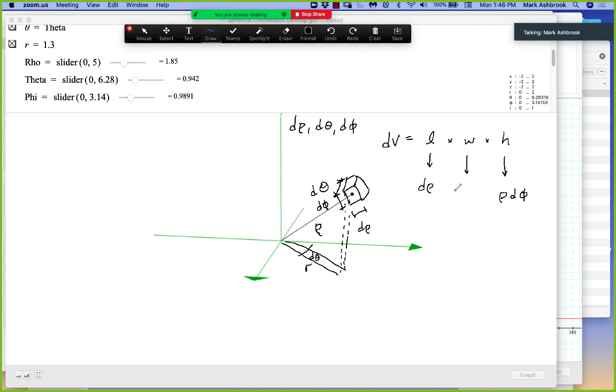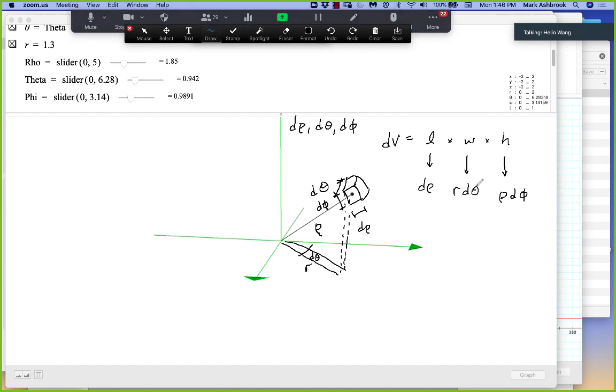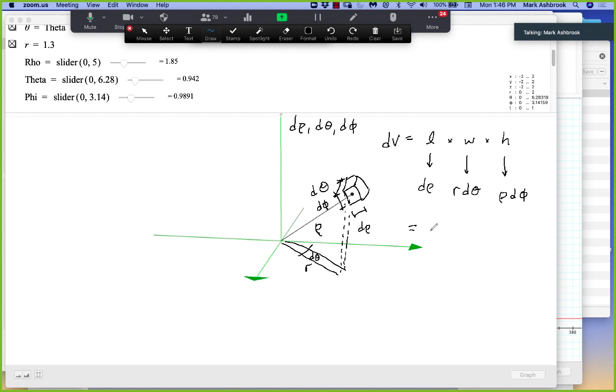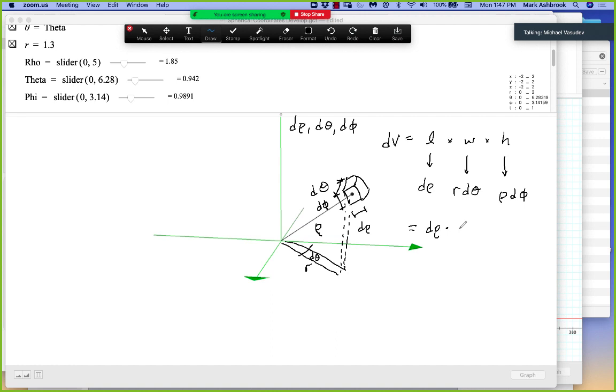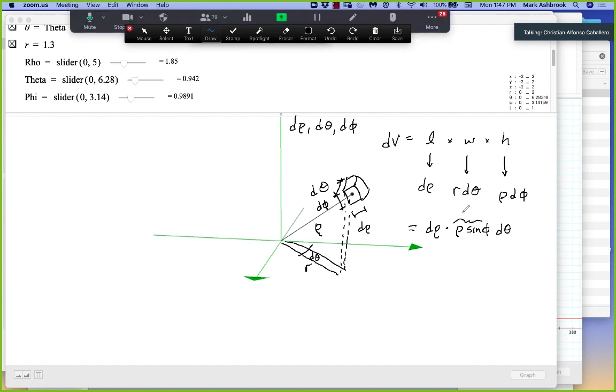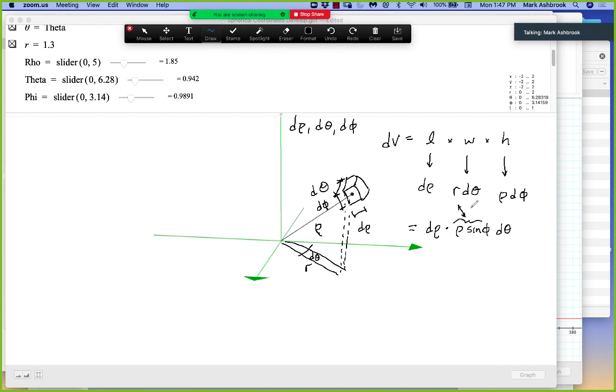So that's my r d theta. But r is not a spherical coordinate. So what is r in spherical coordinates? Rho cosine phi? No, I think it's rho sine phi, isn't it? That's what we should have gotten for r on the previous page. Yes, rho sine phi.